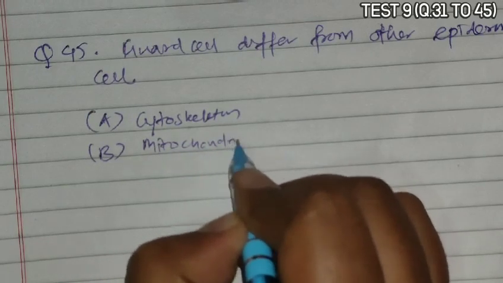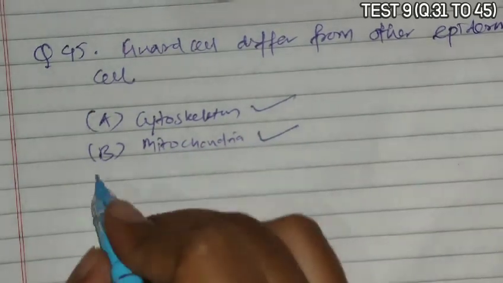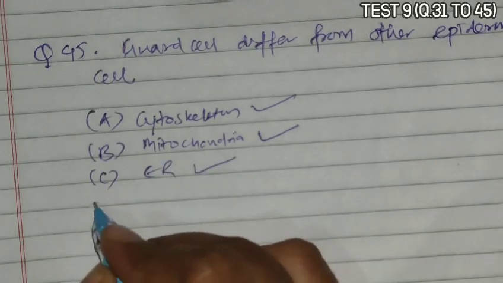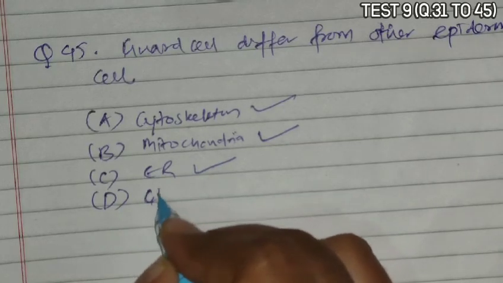If it is a eukaryotic cell, there must be a presence of cytoskeleton and mitochondria. Option C, ER, obviously must be present there. D is given as chloroplast.